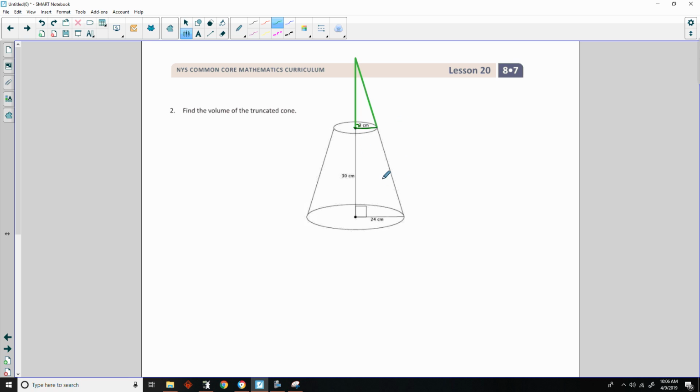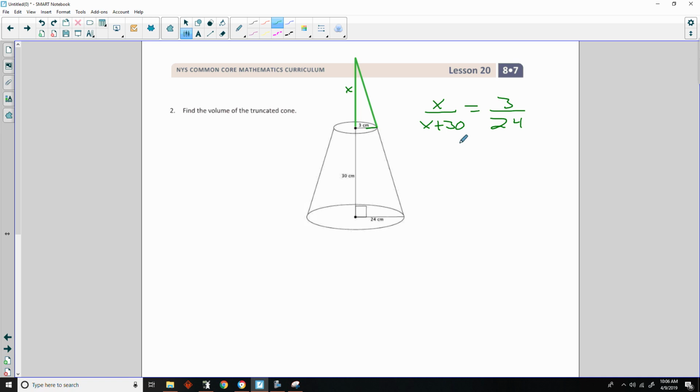So we set up a proportion, and if I don't know this height, my proportion is going to be x over x plus 30 equals, and what does this say? 3 centimeters. So it's going to be 3 over 24.